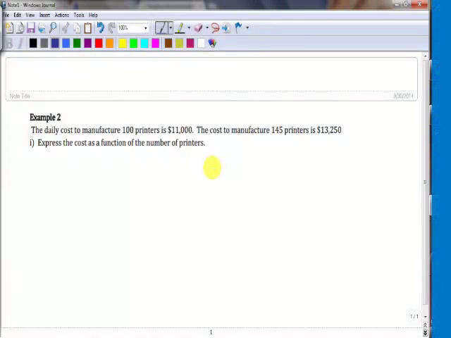Okay. The daily cost to manufacture 100 printers is $11,000, and one would seem to think that we could figure out the cost per printer simply by dividing, but it probably has some fixed costs that have nothing to do with the actual number of printers that are manufactured.